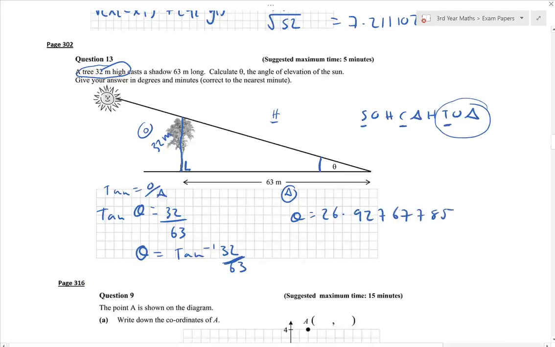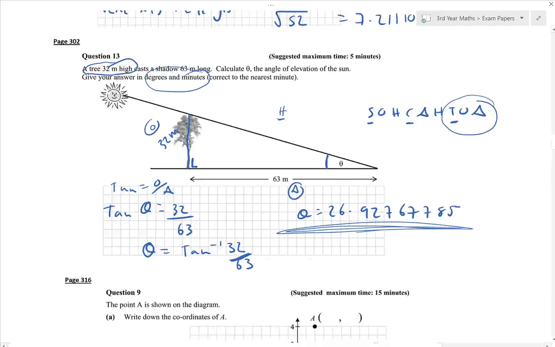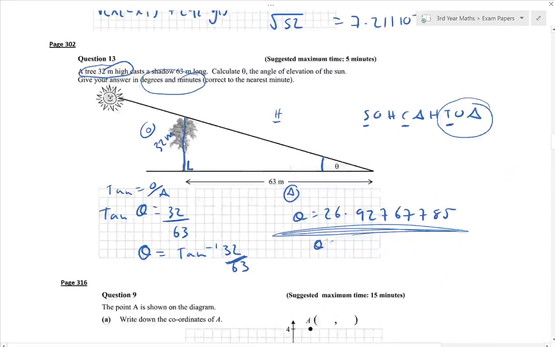26.927678785. Now, always when you finish the question, look back and see have you answered what you're asked and given it the way they want it. You will get most of your marks for doing that, but you will not get all your marks because it specifically says give your answer in degrees and minutes. Okay? So once you get your answer in your calculator, press the degrees, minutes, seconds button, and it will convert it to the following: 26 degrees, 55 minutes, and 39.64 seconds.